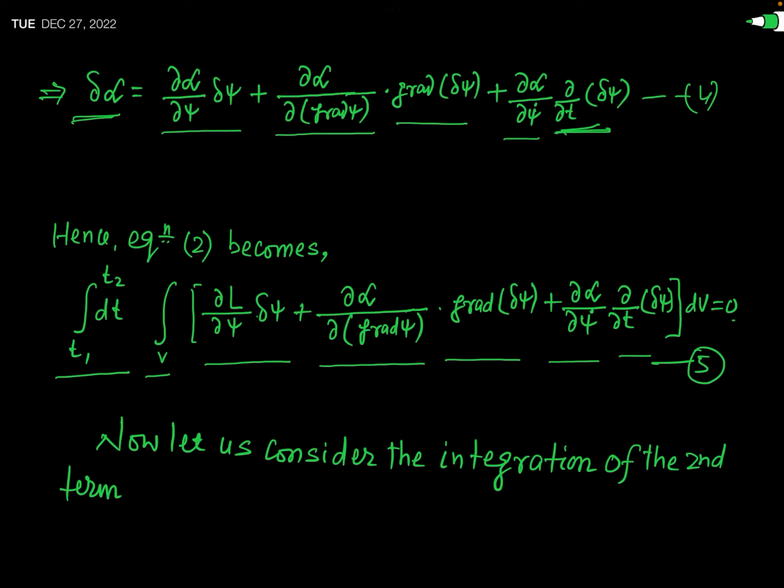Now we will actually evaluate the integral of the two terms in this expression. First of all, we are going to see the evaluation of the integral of the second term, that is, del L by del grad psi dot grad delta psi, with respect to the volume.